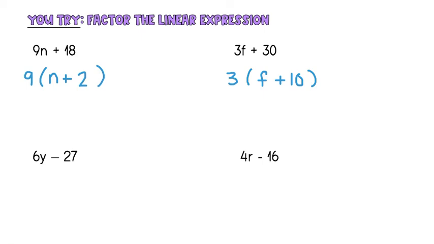Both of these terms can be divided by 3. 6y divided by 3, I'm left with 2y. Negative 27 divided by 3 gives me a negative 9.